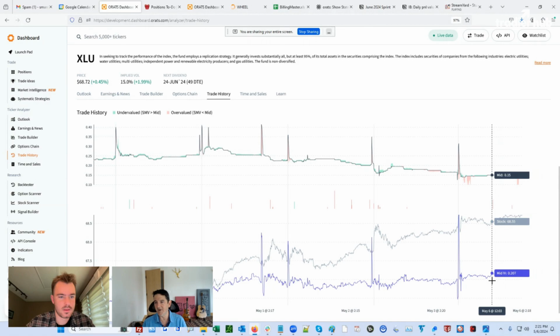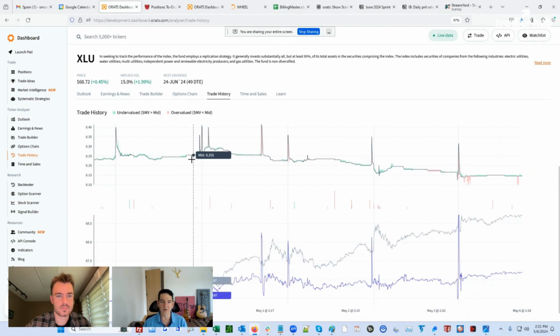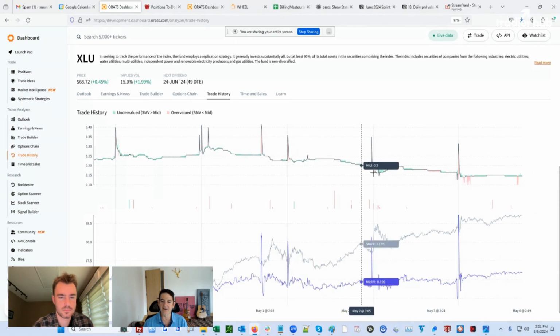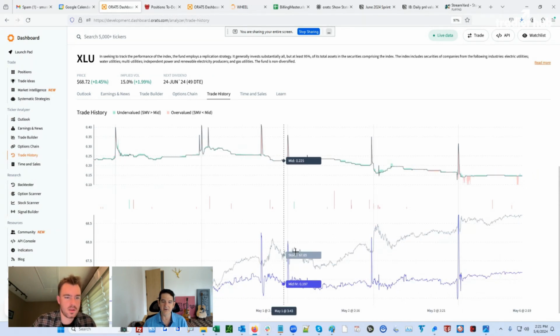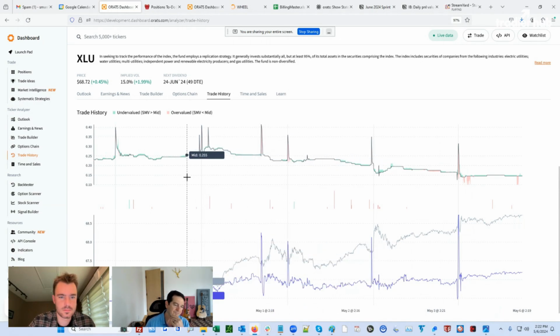But what you can kind of see here is theta is just taking this down, and delta is taking this down too, because the stock's going up. This is the long put, so we're losing money both on theta, and we're losing money on delta in this particular trade.